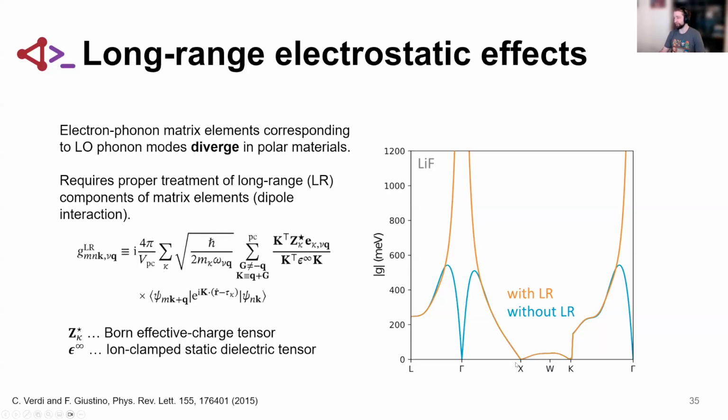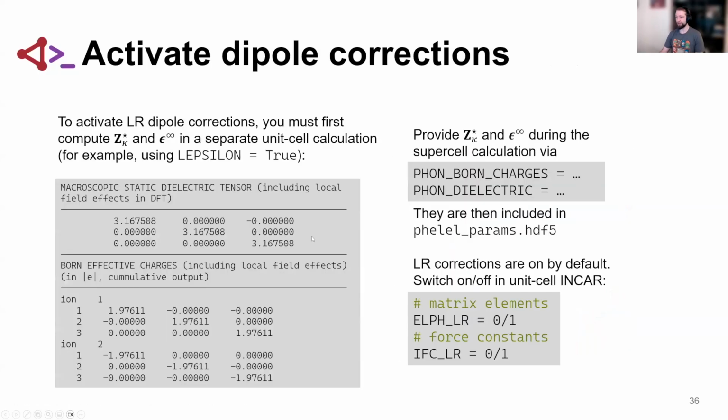This divergence is something that you have to expect in this kind of physics. There's the so-called Fröhlich interaction that describes this very rigorously. But as you can see, the physics here will be completely wrong if you do not include the correct correction for polar materials. In order to activate this correction scheme, once again, like in the case for phonons, you want to compute first the Born effective charges and the dielectric tensor.